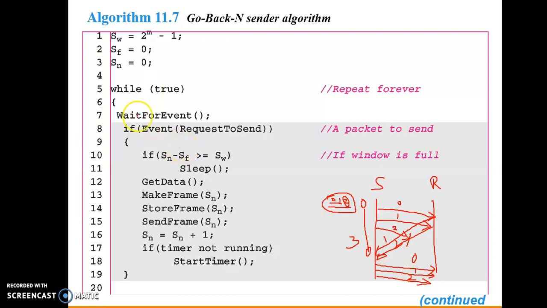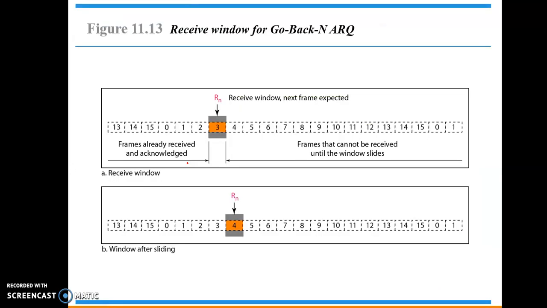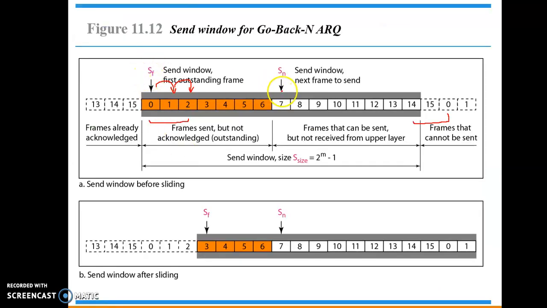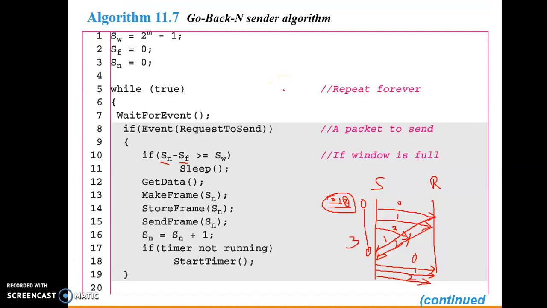Okay, see here: request to send. SN is the starting frame to send, and SF is the next frame. See here, this is SF and this is SN. SN is 7, and SF is 0. 7 minus 0 is 7.